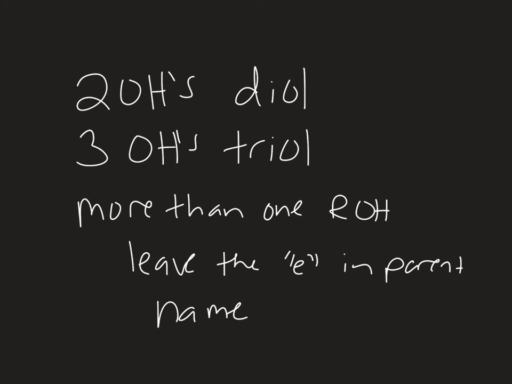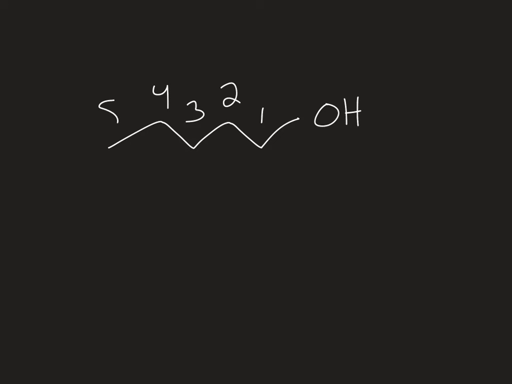I'm going to do a side-by-side comparison on the next slide. In this case, I've got 1, 2, 3, 4, and 5. So this would be 1-pentanol, but no E because there's only one alcohol.